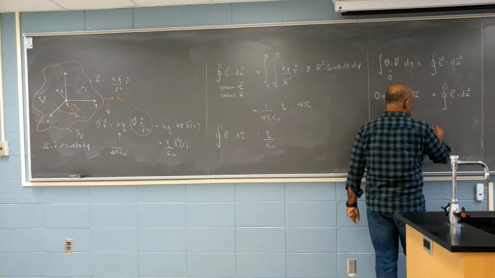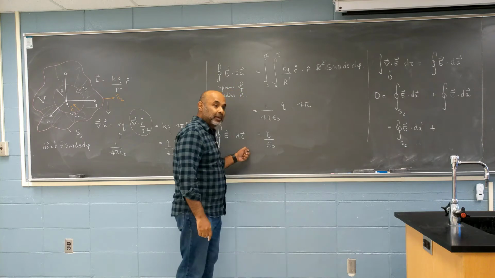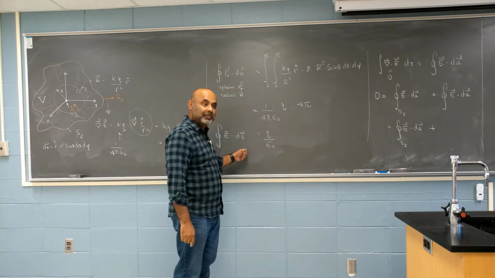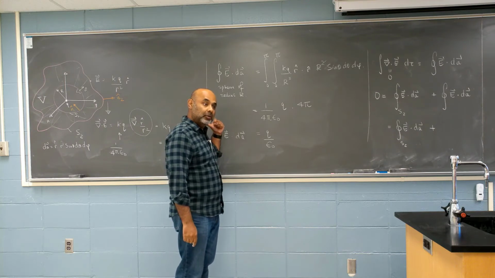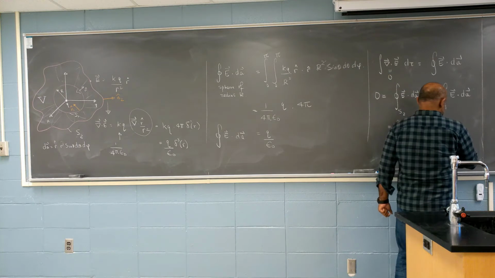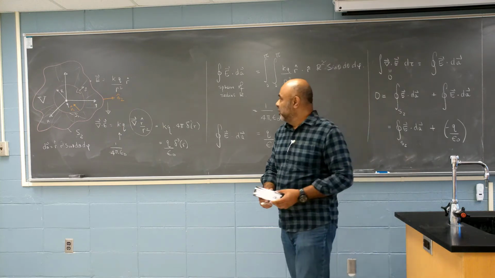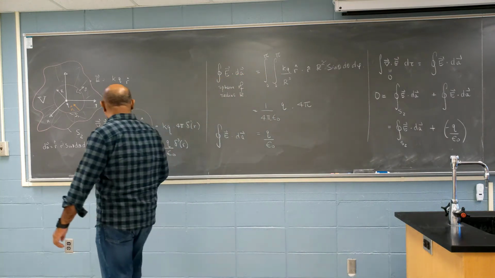This we have done. It's that, but when we did this, what was the normal we picked? Positive R hat. But what do we need now? Or, what is it that I've shown?